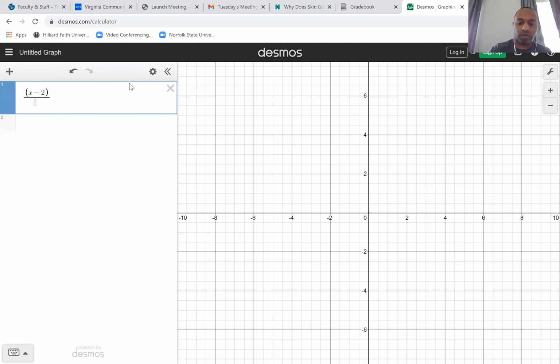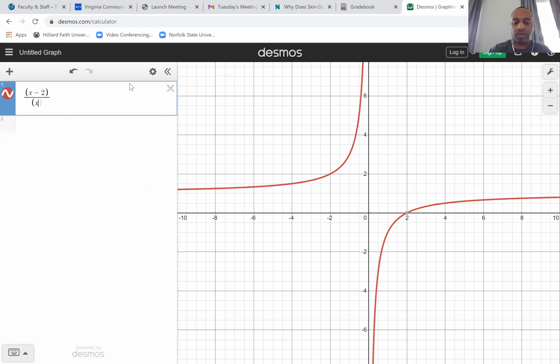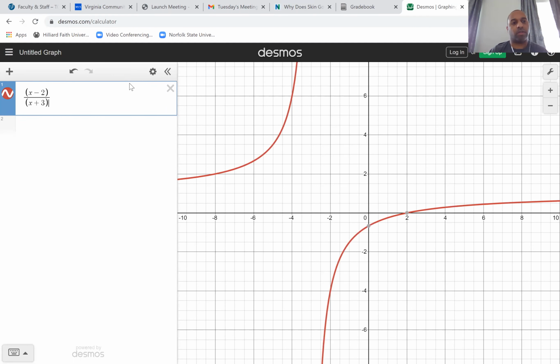Oh, I use parentheses x plus 3. And so that's what we're looking at. By looking at that, I would have done my horizontal line test, recognizing that there's not a horizontal line that will cross this more than once, no matter where I draw it. So then I would have known it would have been one-to-one.